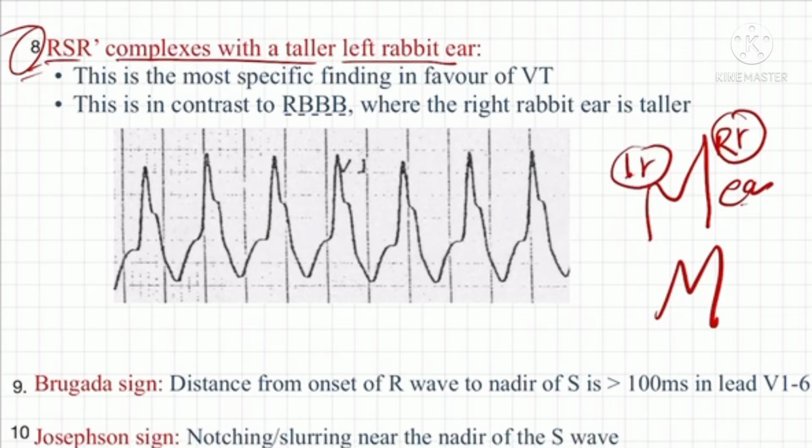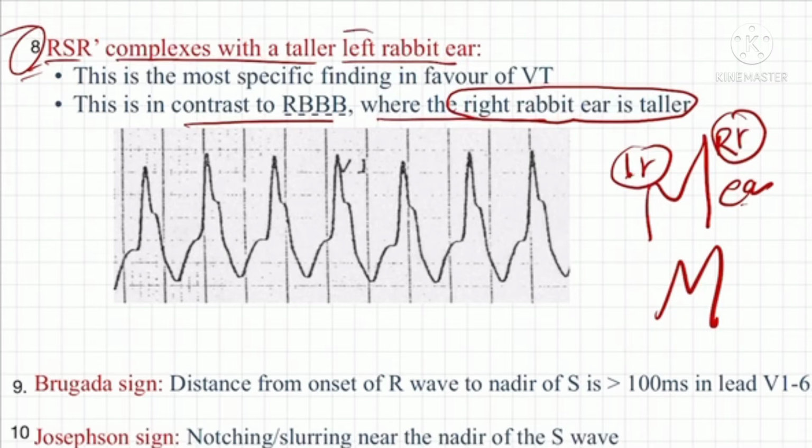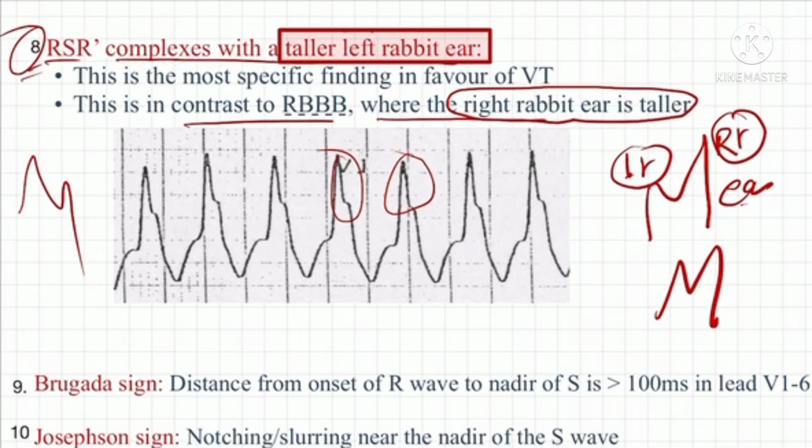This is in case of RBBB, where the right is larger. But in case of VT, the left rabbit ear is taller. See this pattern, where the left is taller and the right is smaller. In that case, we suggest the feature of VT.